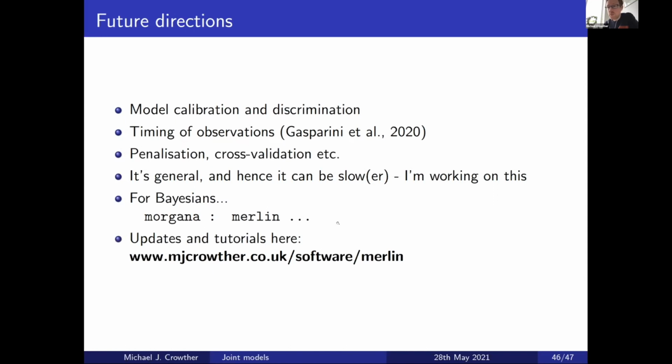I've inadvertently called Bayesian evil, if you're familiar with the Merlin and Arthur legends. But in terms of extensions for Merlin coming, penalization, cross-validation, lots of these important things that have been focused on in the literature recently are on the way as well.